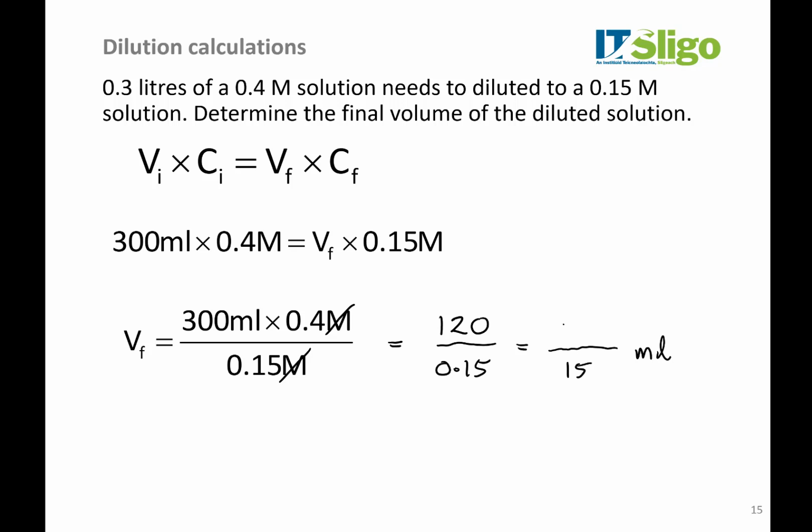Multiply the bottom by 100, multiply the top by 100. Now 15 will go into 120 8 times. So that gives me my answer then. 800 mL is my final volume. And if I wanted to express it in liters, I just use 0.8 liters.